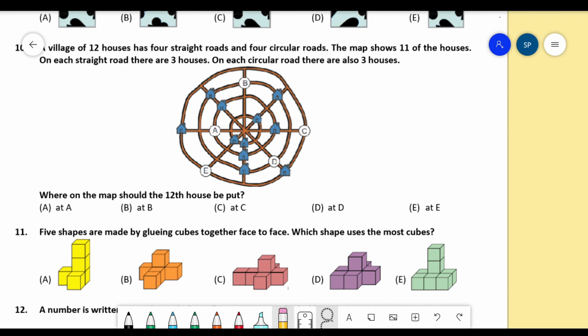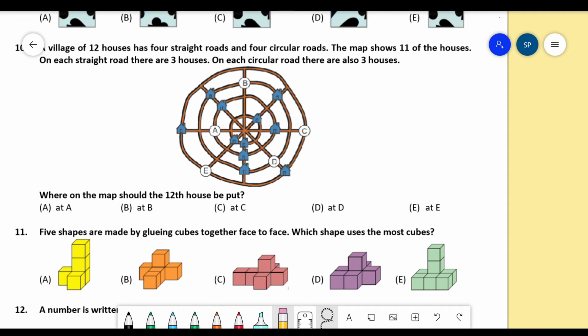The third layer does too, but the layer with E and C on it only has 2 houses, which means that this outer layer of circular road has to have an extra house, which could be either E or C. But looking at the straight roads, all of them have 3 houses: the one with B on it has 3 houses. The one with E on it has 3 houses. The one with D on it has 3 houses. But the one with A and C on it does not have 3 houses.